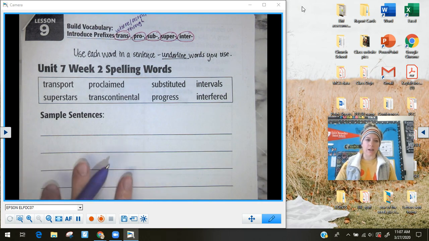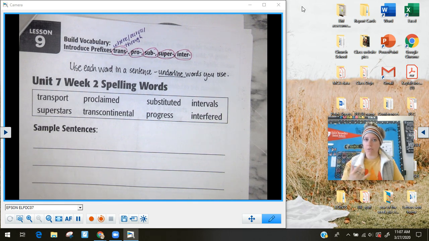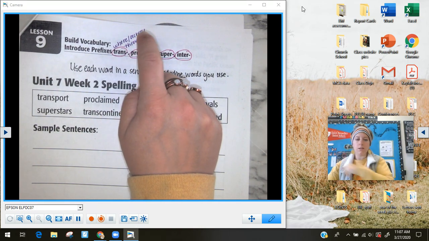Now, you don't have to be writing this down. I'm just making little notes for myself, okay? So obviously, that makes sense. If the prefix trans tells you across or through something, well, the Transcontinental Railroad was a railroad that was supposed to go all the way across the United States.